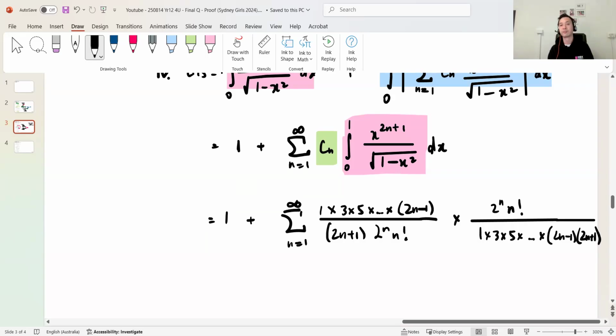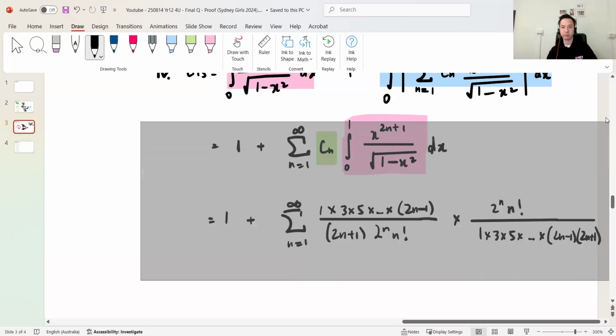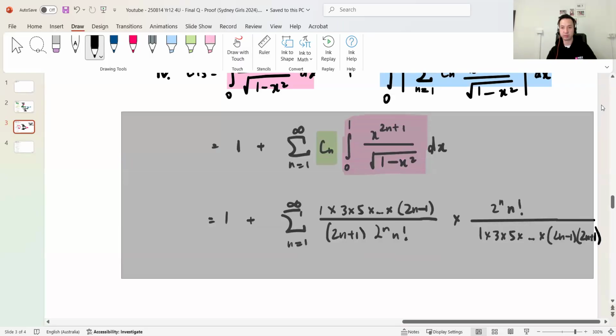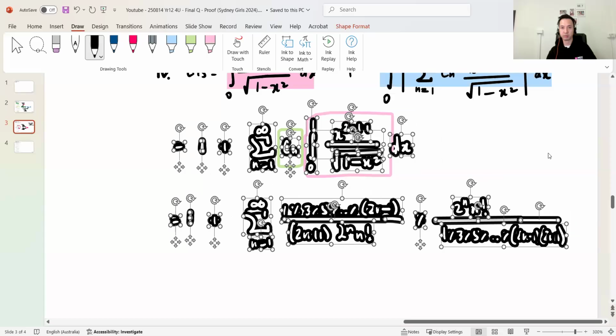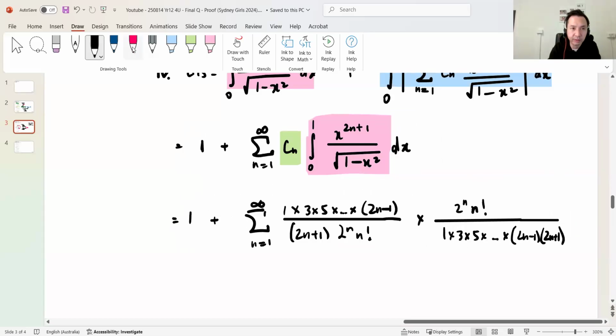That's important because I'm just going to move this in screen if that's okay. Now this whole thing cancels out with everything but the last bracket.